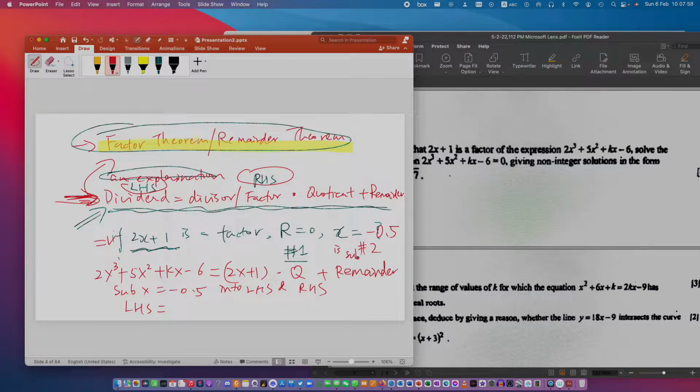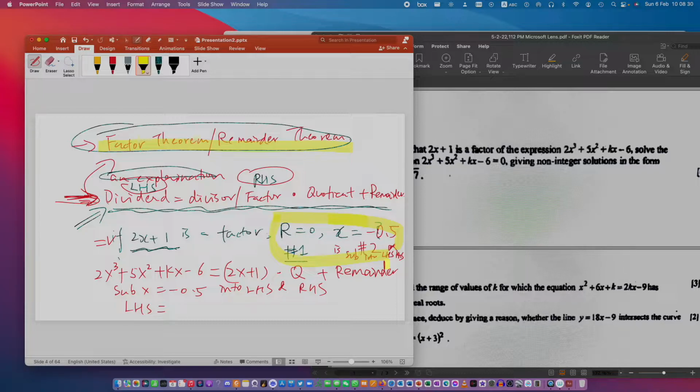Into the equation, the left hand side or right hand side. And you know why you need to sub x equals -0.5, right? The key things are these two conclusions you need to make, and you failed to realize one of them before today, even though we had a number of examples.